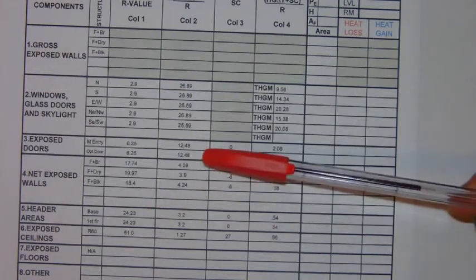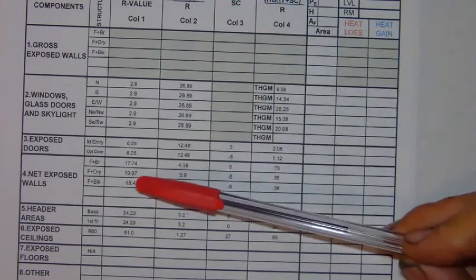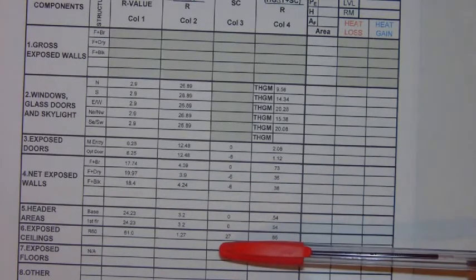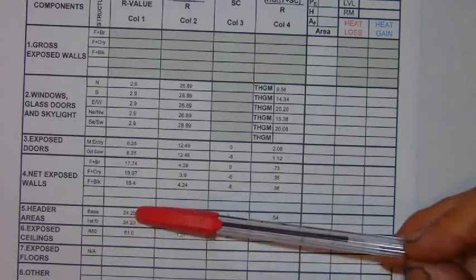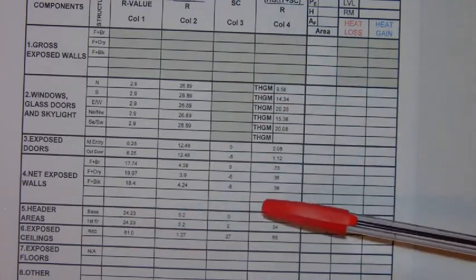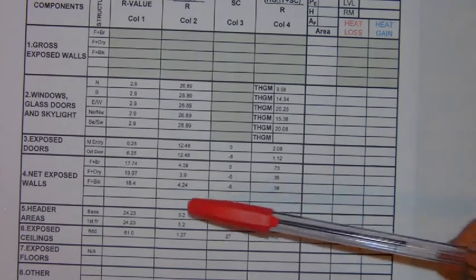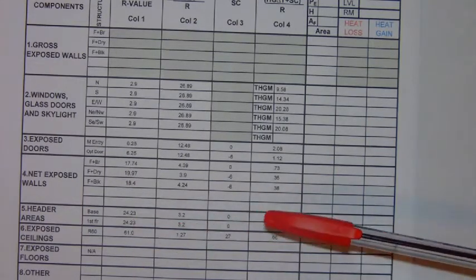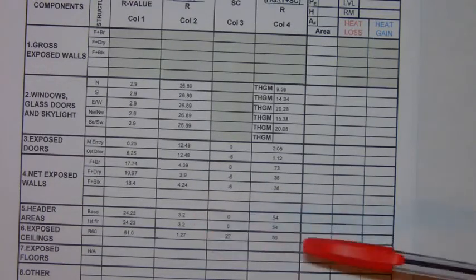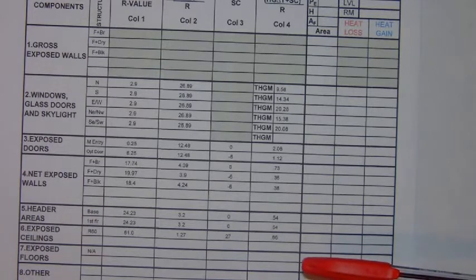And for the frame plus block, 78 divided by 18.4 gives us 4.24. For our headers, again it's 78 degrees divided by 24.23, and in both cases, because the effective R value is the same, the heat transfer multiplier would be the same, and that comes out at 3.2.